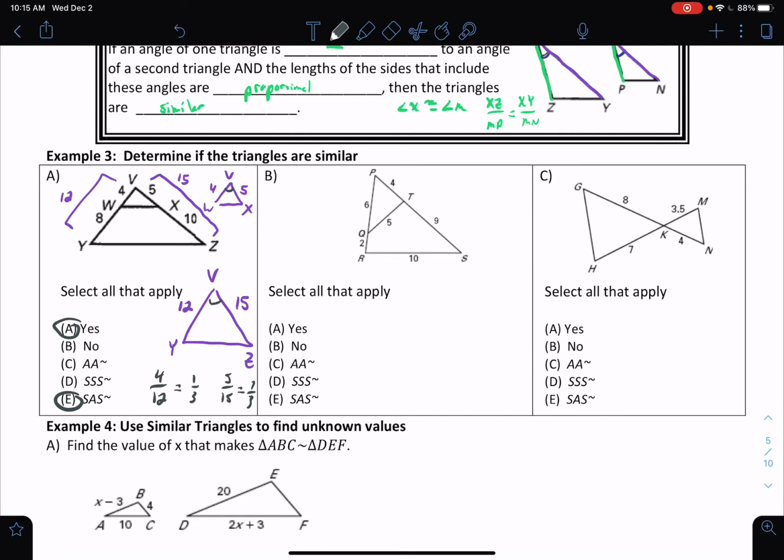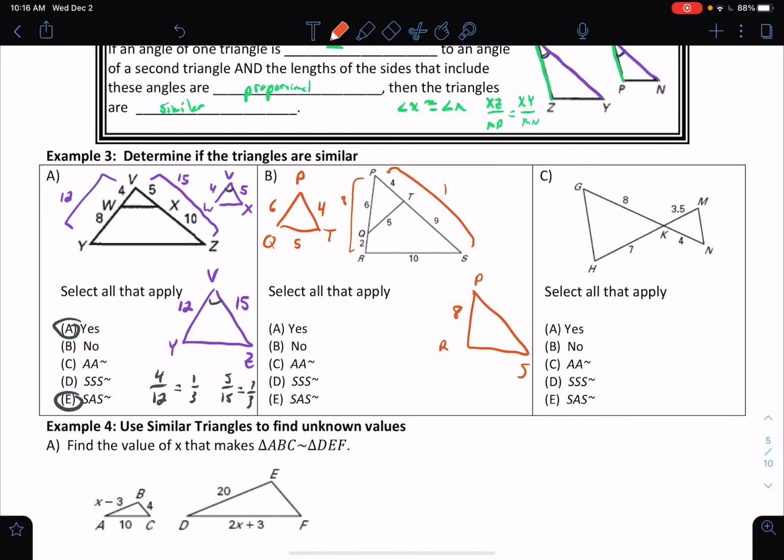Okay? In part B, again, if I draw this small triangle separately, I've got P, T, Q, 4, 5, and 6. For the big triangle, which is P, R, S, I've got PR is 8, PS is 13, RS is going to be 10.